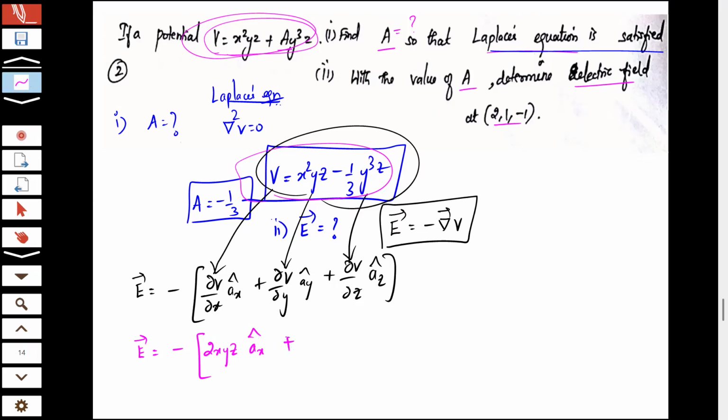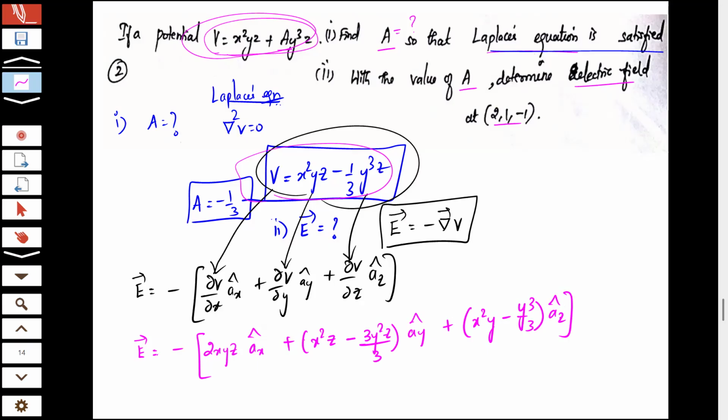Then differentiation with respect to y of this function will give x square z minus 3y square z by 3 ay cap. Then differentiation with respect to z will be x square y minus y cubed by 3 az cap. So this is the electric field intensity vector in terms of variables.